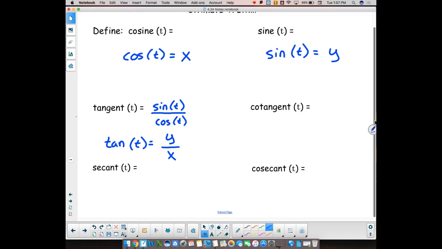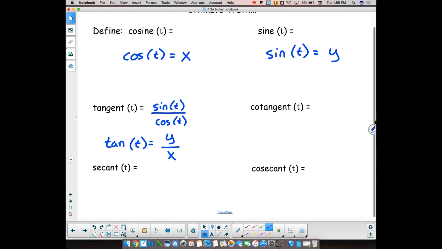Now, those three are the main trigonometric functions. And they all have a co. Okay, they all have a co. Cosine has the co in it, so it gets paired with the one that doesn't have a co, which is secant.